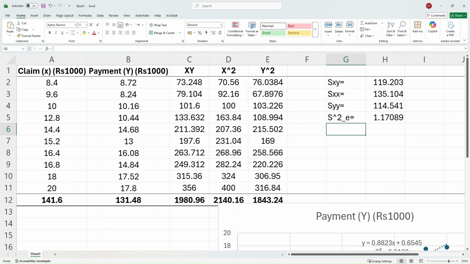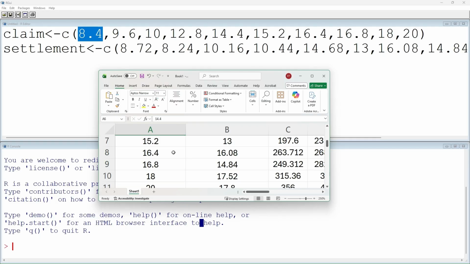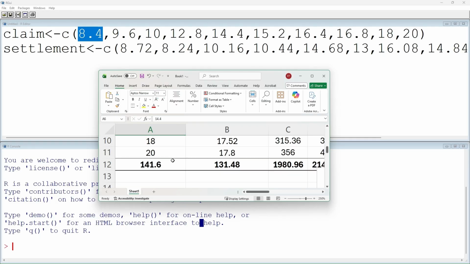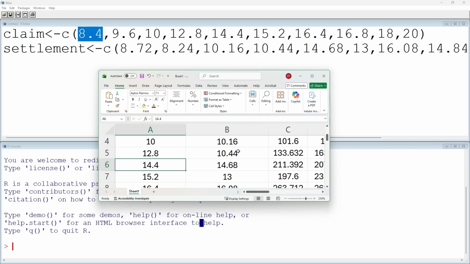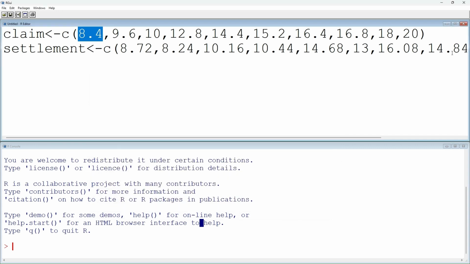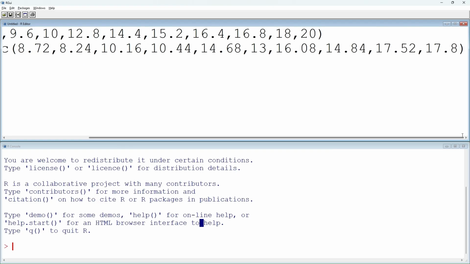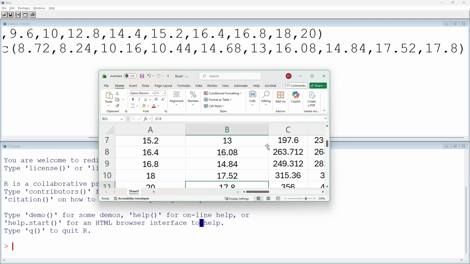We can give a quick check with these values: 8.4, 9.6, 10, 12.8, 14.4, 15.2, 16.4, 16.8, 18, and 20. And we check the other one as well, 8.72, just to ensure that we are not doing something wrong. There we go. We got all these different values already set up.